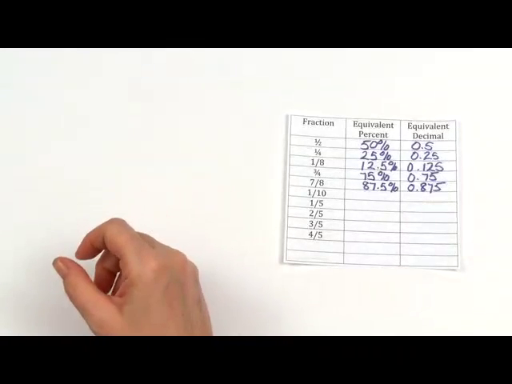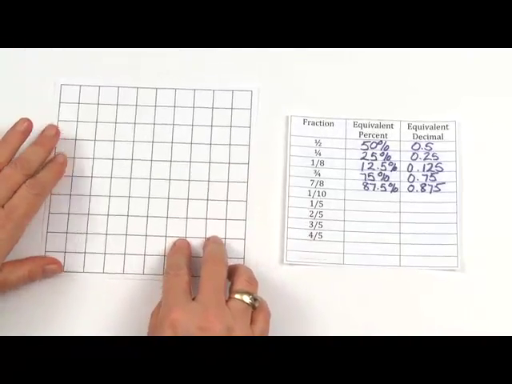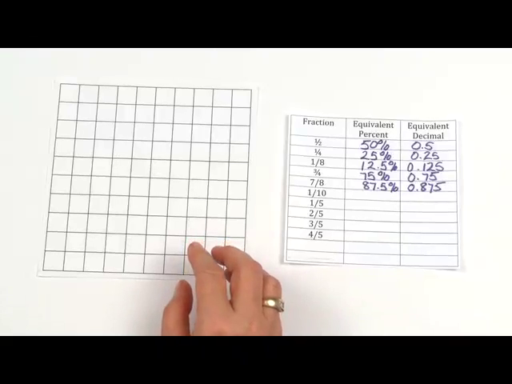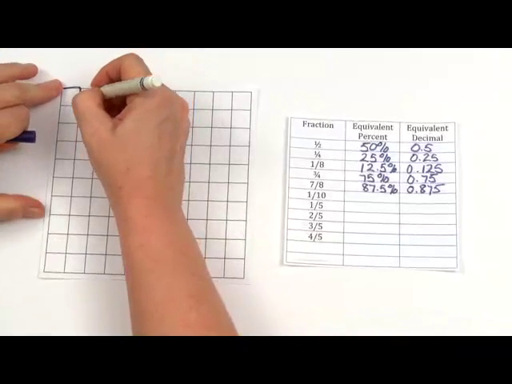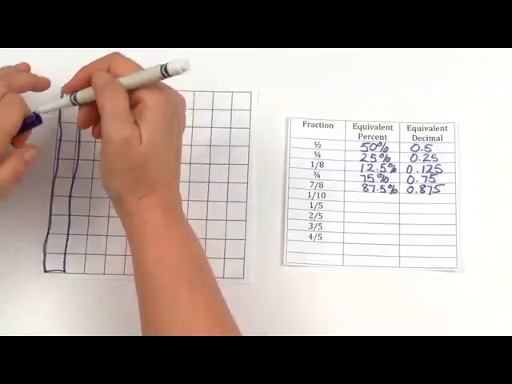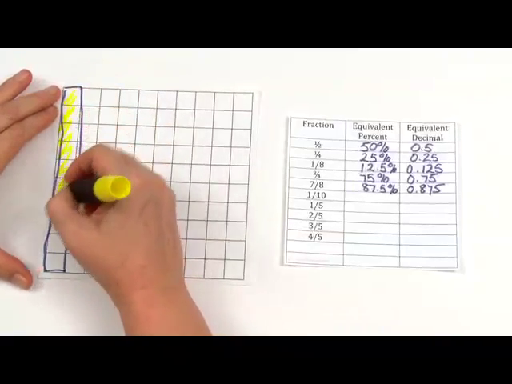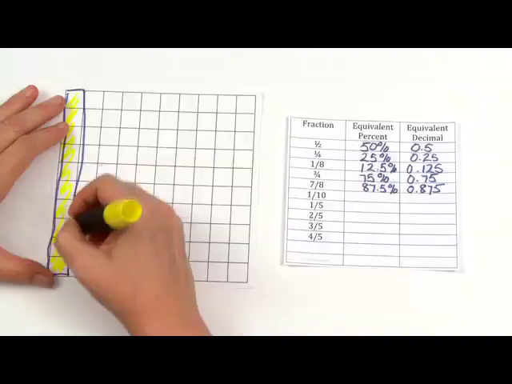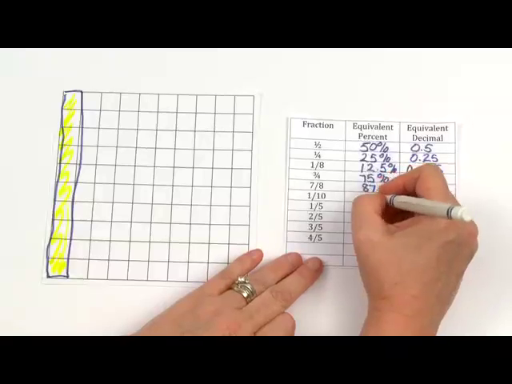We'll take a new hundreds grid, and because of the structure of the hundreds grid, it will be very easy for us to figure out 1/10. Let's trace out 1/10 of this grid. 1/10 of this grid will be 10 of these hundredths. And that will be 10%.